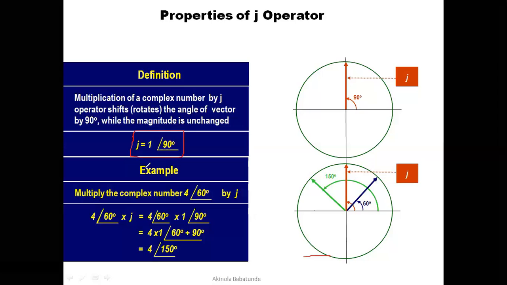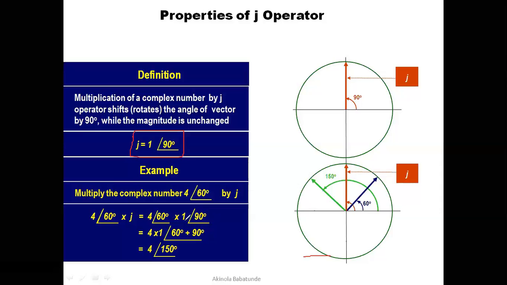So if you multiply a complex number 4 with phase 60 degrees by J, it simply means that the magnitude is going to remain the same, just like we said, but the direction is going to change. So this becomes 4 phase 60 multiplied by J. And since our J is 1 phase 90, this becomes 4 phase 60 multiplied by 1 phase 90.